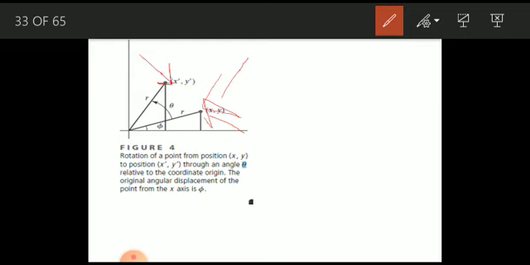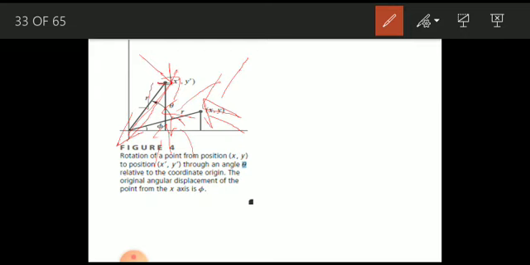So the angular displacement of this point is treated as theta, and the original angle made by this point with respect to the x-axis is phi, right? And this distance is termed as r. Have you understood?